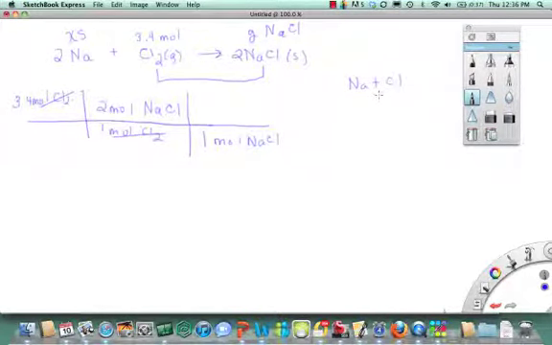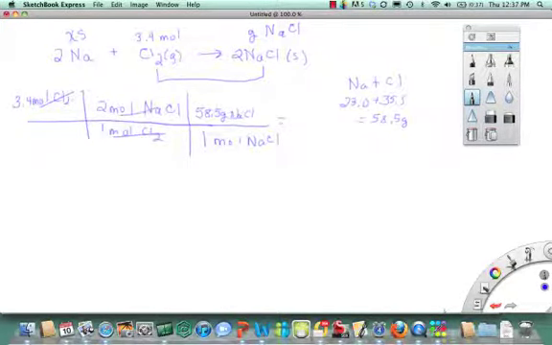Sodium is 23.0. Chlorine is 35.5. So I get 58.5 grams. So for every 1 mole of sodium chloride, I get 58.5 grams of sodium chloride.